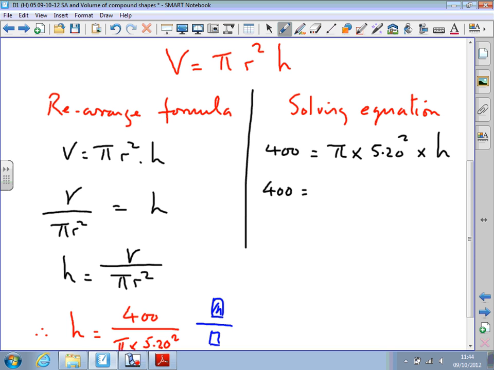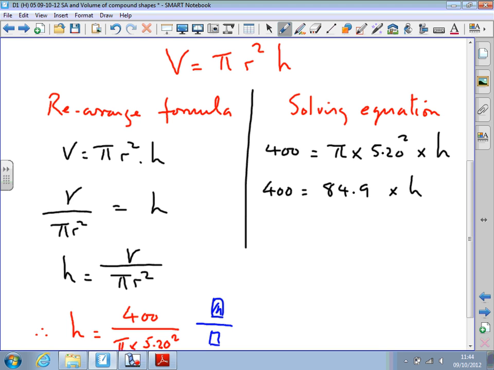What is pi times 5.2 squared, please, somebody? With a calculator to hand. 84.9 or 85, depending on how you round it, times h.